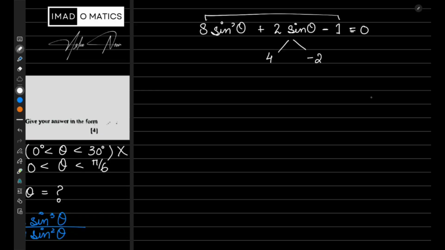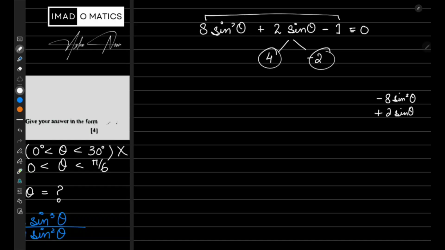So what should we be getting? When you multiply the two numbers, you should be getting the product of the first and last term, that is minus 8 sine square theta in this case. And upon addition, you should be getting positive 2 sine theta.